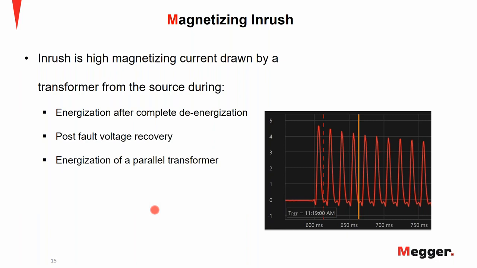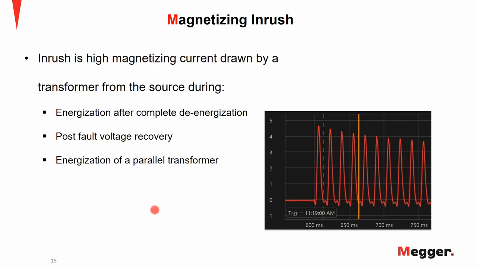The more resistance you put between the transformer being energized and the source, the lower the inrush current will be. It also decreases the amount of current flowing through the relay, depending on how far away it is from the source that it's being energized from.